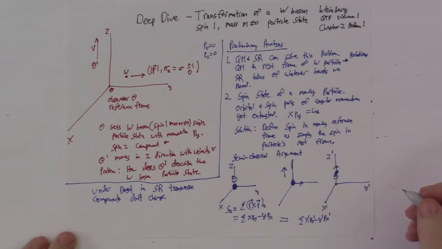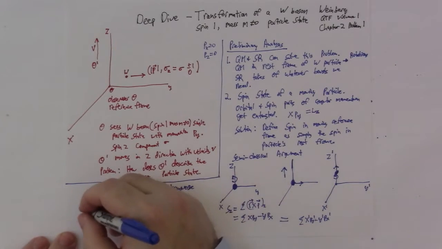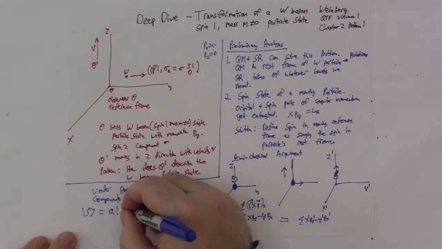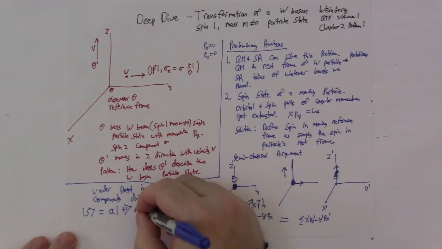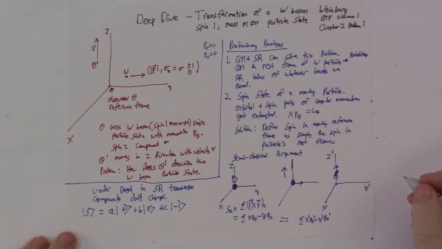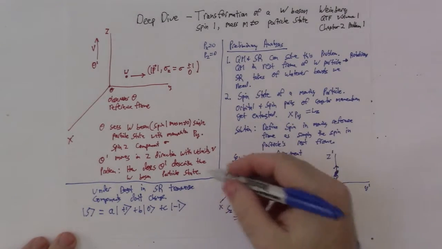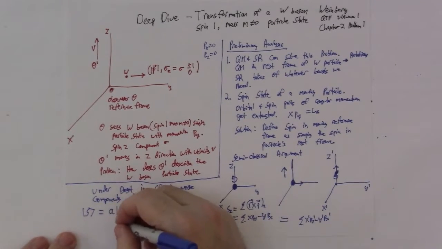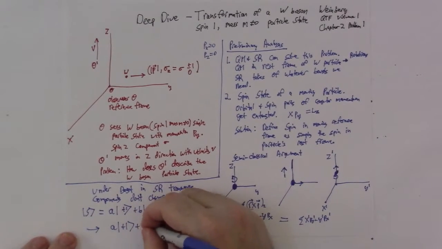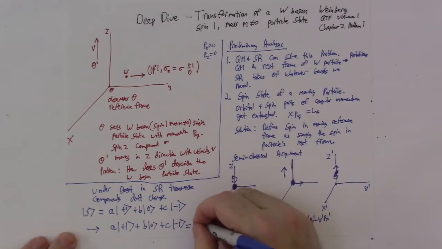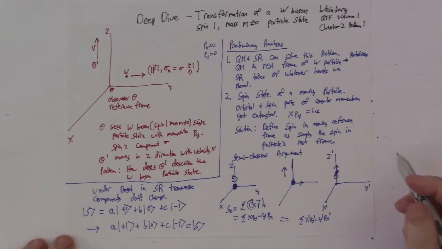Well, here we can just use quantum mechanics and say that a transverse state, or any state, will be something like A times plus 1, where that's the spin in the z direction, plus B times 0, plus C times minus 1. And now, when we boost it in the z direction, all of these states don't change. Quantum mechanics is linear, so the state's going to be the same. It's going to be A times plus 1, plus B times 0, plus C times minus 1, and that's just going to be equal to S. So our spin states don't change under a boost.